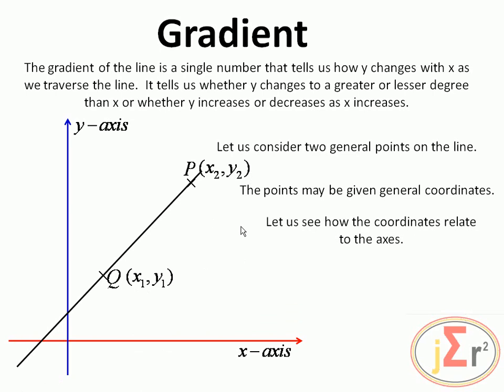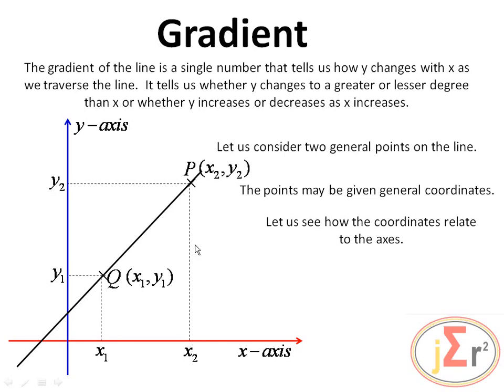So let us see how the coordinates relate to the axes. Remember that these coordinates will give us positions relative to the x and y axes. There we have them. So here, y2 is the value that, if we go straight across, this point would be on this axis. And of course x2 will be this point here, where it crosses this axis.